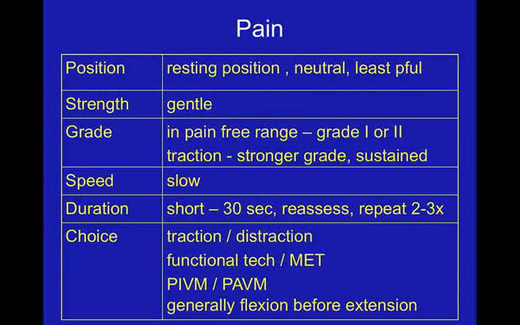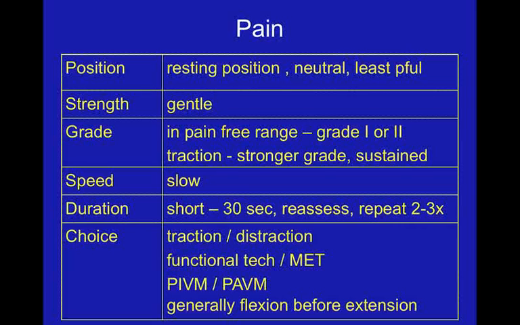Long traction, axial traction through a joint isn't necessarily pure distraction, so you might have to make a choice there. We can use functional techniques or muscle energy techniques, particularly to address any muscle reactivity around this joint that's painful. And then we could still use a PIVM or a PAVM type technique in that grade 1 or 2 choice.